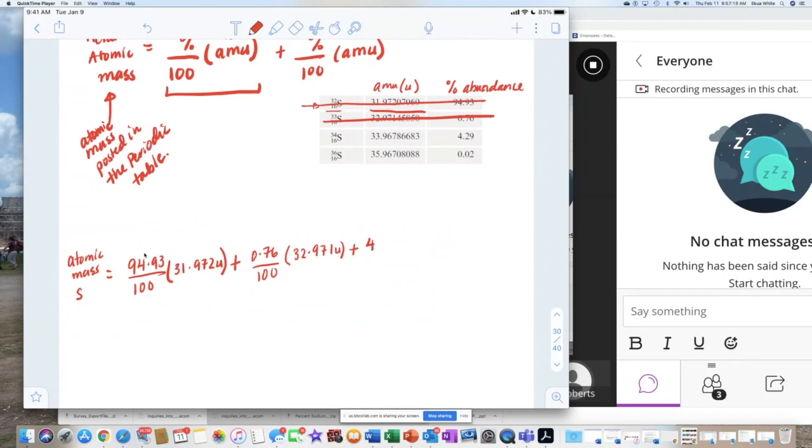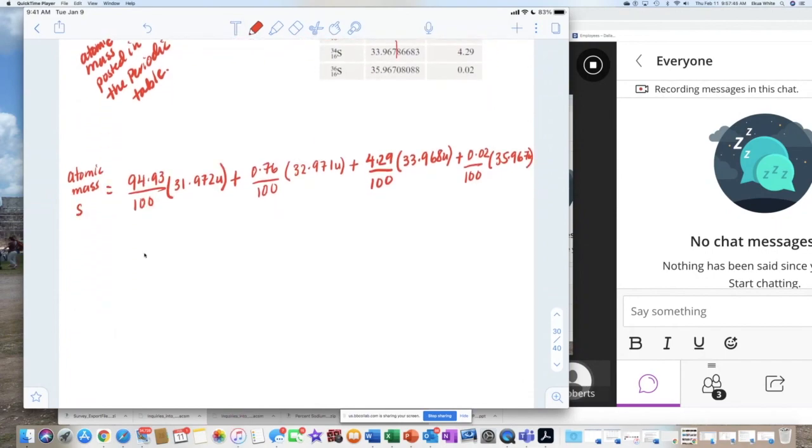Then my next one is 4.29 over 100 times 33.96. I'm going to round this up right here. 8U plus 0.02 over 100 times 35.967 U. Ooh, almost ran out of space.